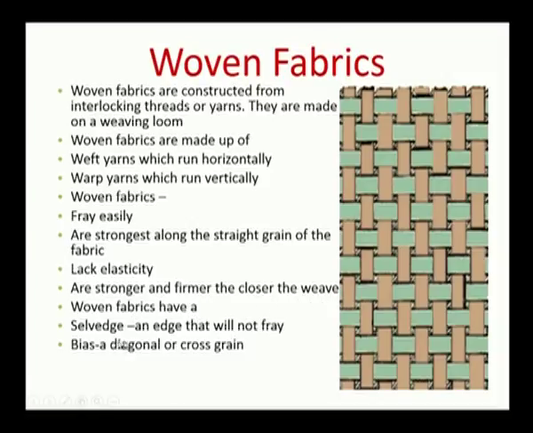Woven fabrics have a selvage edge that will not fray, and bias is the diagonal or cross grain. Normally with woven fabrics, the additional strength and stability will increase, but the elasticity will decrease compared to the previous methods of making fabric.